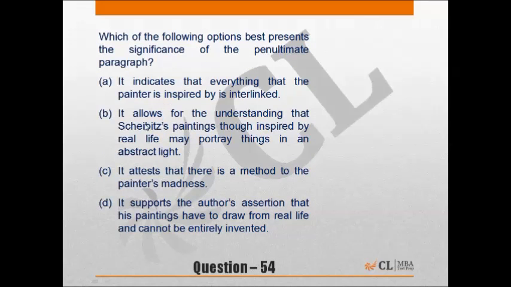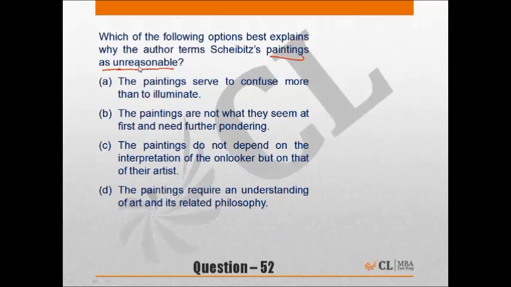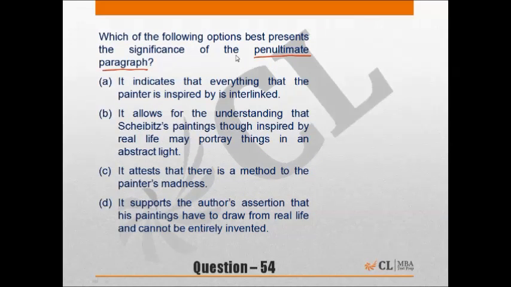Question 54, which of the following options best describes the significance of the penultimate paragraph? So 2 out of the 3 questions, I realized I need to be a little focused. While question 53, which of the following can be inferred, would require understanding of the passage as a whole, I realized if I can focus on the first or second paragraph where paintings as unreasonable is mentioned, and the penultimate paragraph, it will probably make my life a little easier.